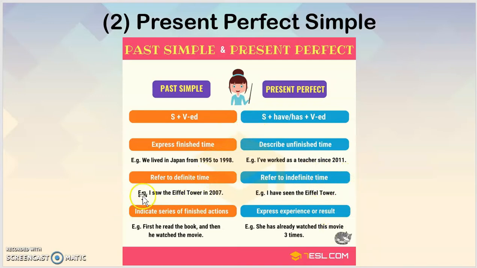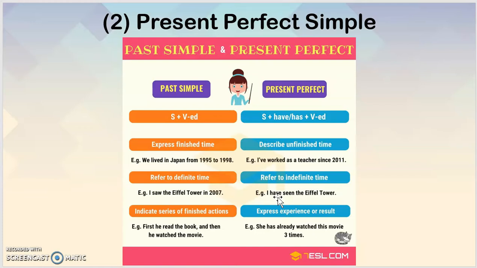Okay, next, past simple refers to definite time. Past simple merujuk kepada masa yang spesifik. Okay, for example, I saw the Eiffel Tower in 2007. Whereas present perfect refers to indefinite time.